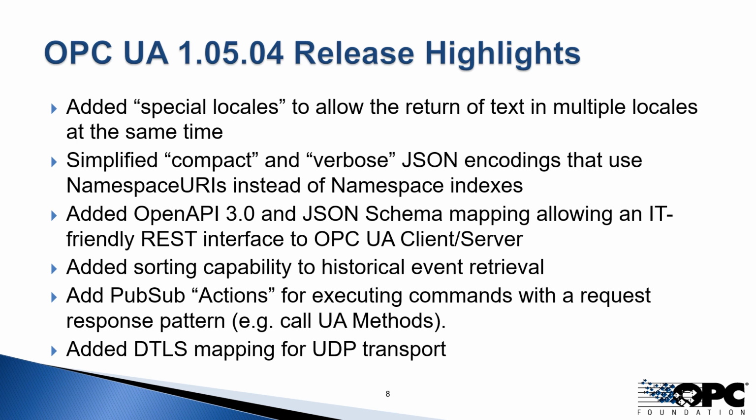This is significant in that it allows clients and servers to be built without OPC UA toolkit stacks and the like, because the Open API specification allows you to just point at these files that describe the API and the schema, and magic happens in the proper binding code in whatever language you choose to work in is automatically produced. Randy Armstrong later today has an entire talk on this topic. I think it might be a very significant improvement to UA and extend its reach into the IT world.